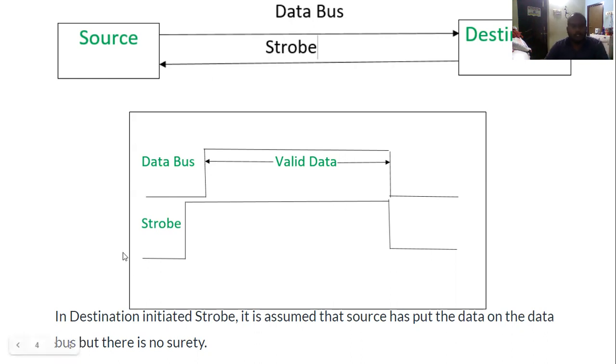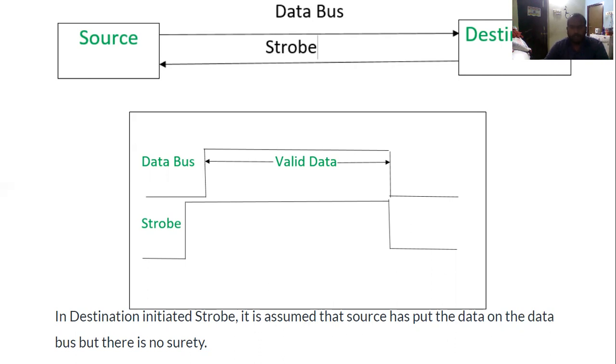Now the main point is that in destination initiated strobe, it is assumed that the source has put the data on the data bus, but there is no surety.